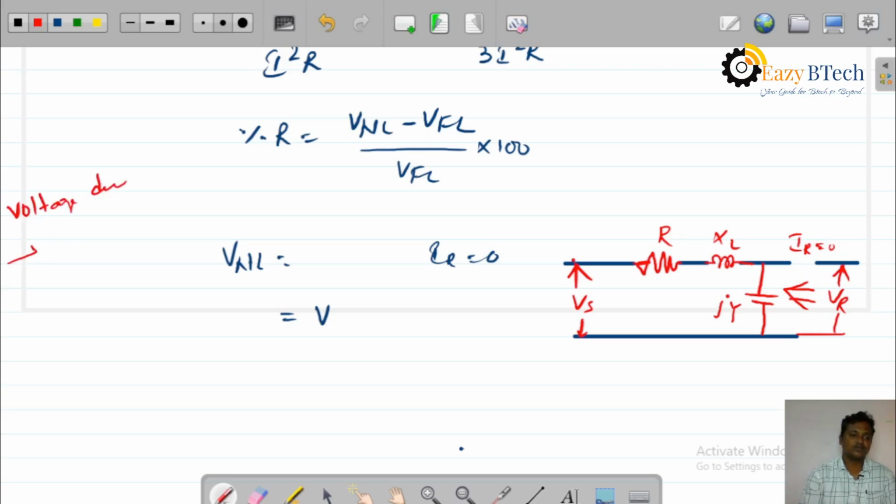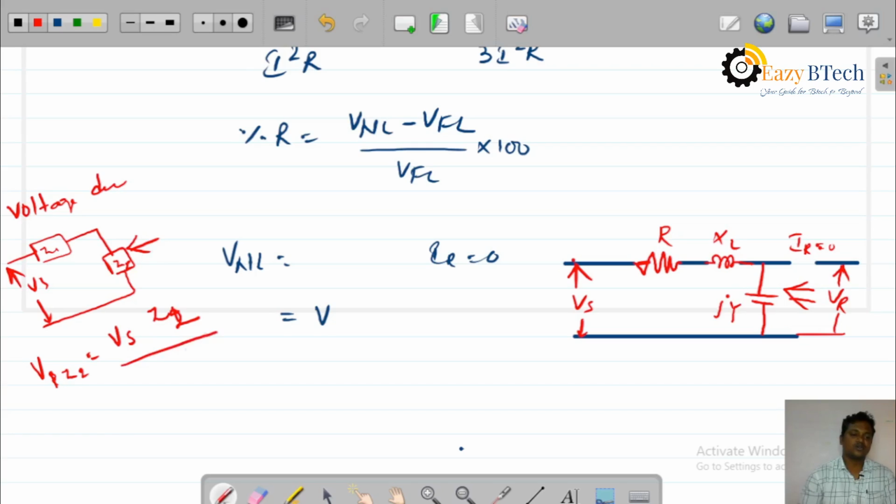When Z1 and Z2 are both connected in series across the source VS, the voltage across Z2 equals the source voltage into Z2 divided by Z1 plus Z2. This is the expression. Therefore, I am taking it as Z1 and Z2.